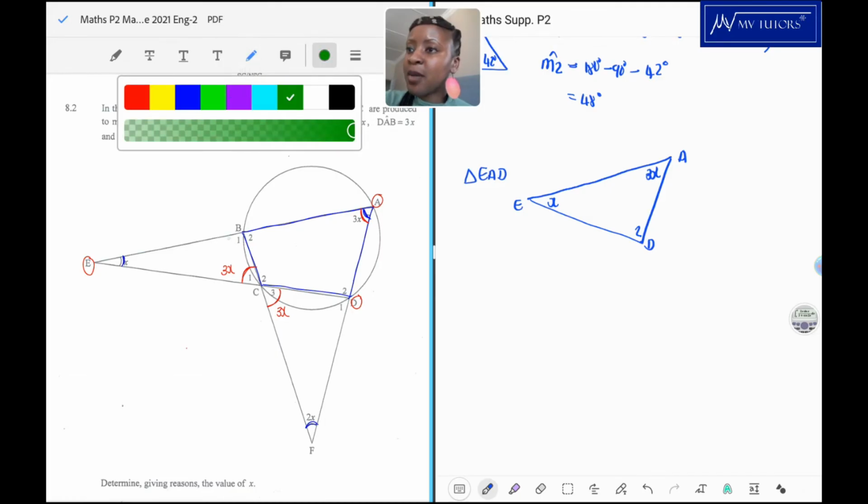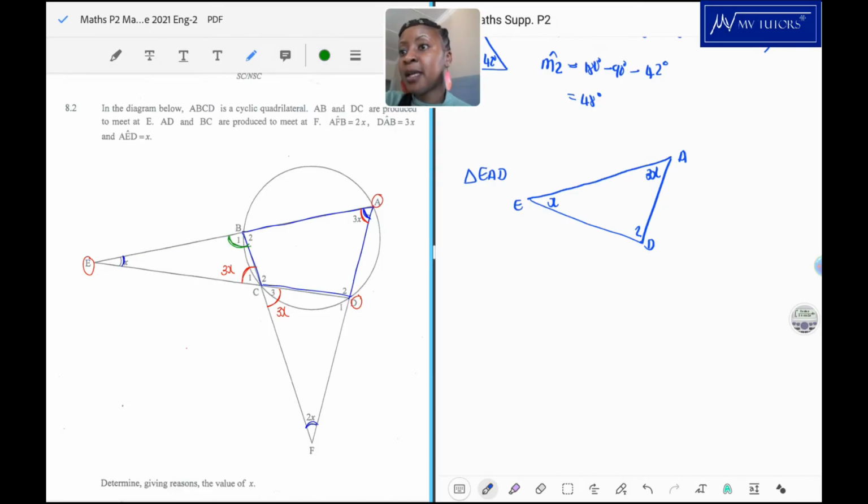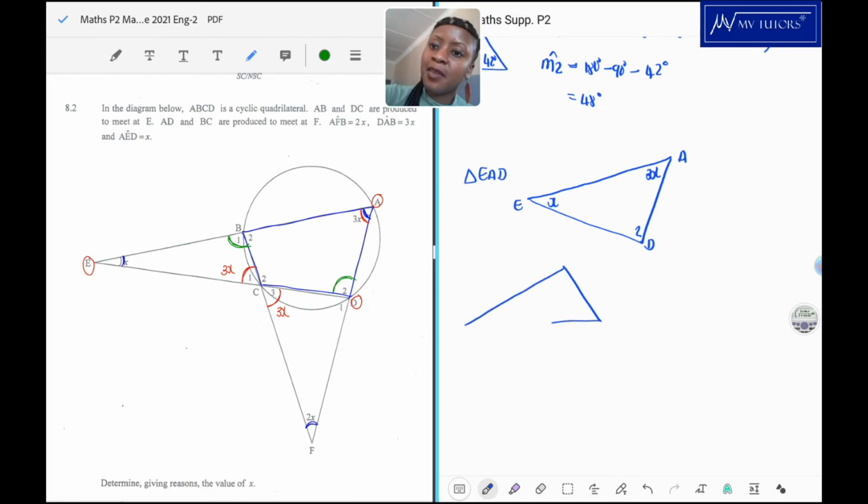So I know that B1, again, external angle to a cyclic quad, is equal to the interior opposite, so it's equal to D2. Alrighty. And then, actually I think I'm onto something. So if I were to draw out, okay, so I have E here, and that's x.